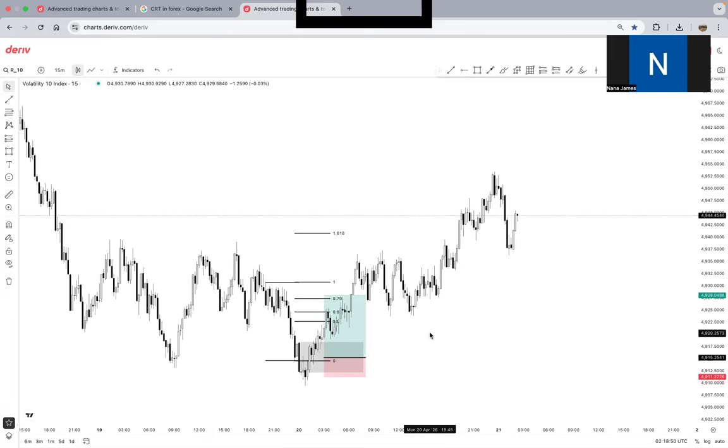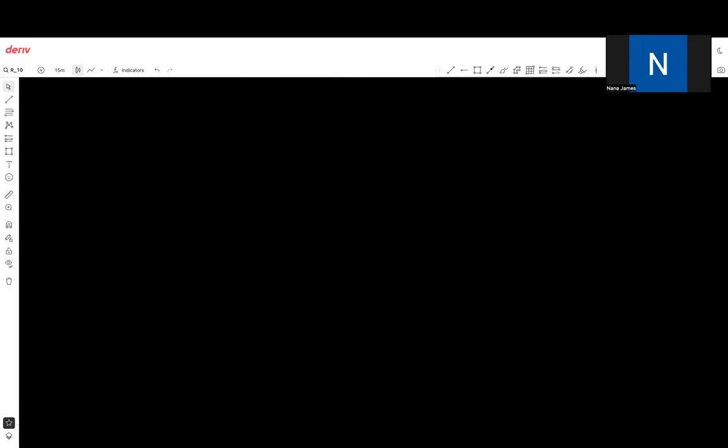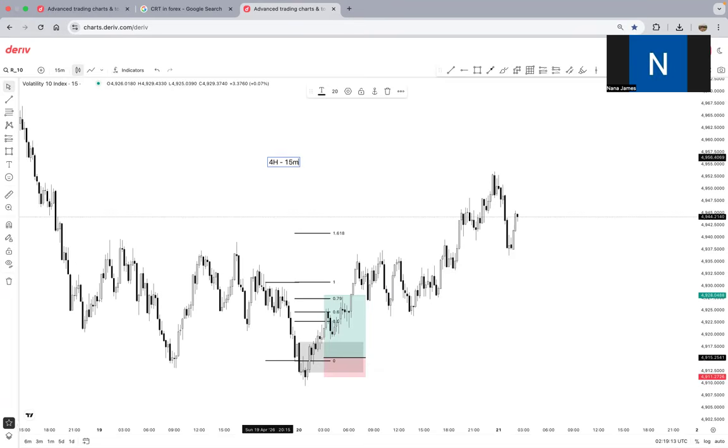So this is a scalping strategy that you can learn and apply. Your time frames are going to be from the 4 hour, you switch to the 15 minutes. If the 15 minutes is not giving you any good order block, you can go to the 5 minutes for your entries, and you are good to go.